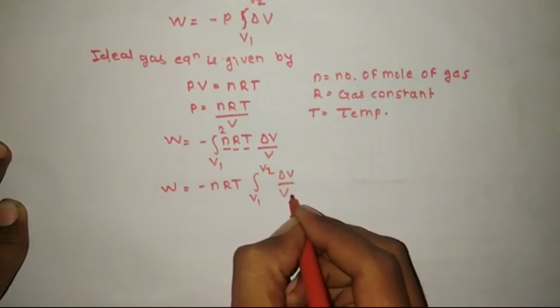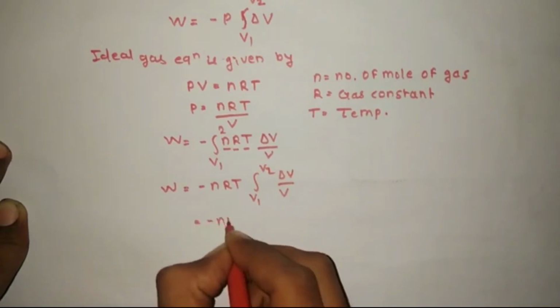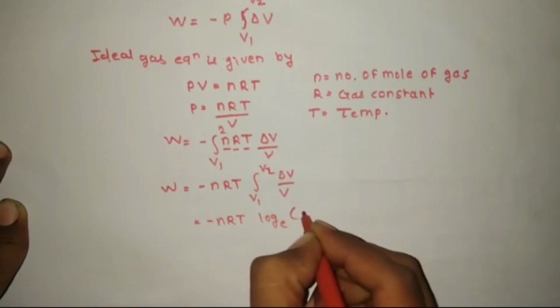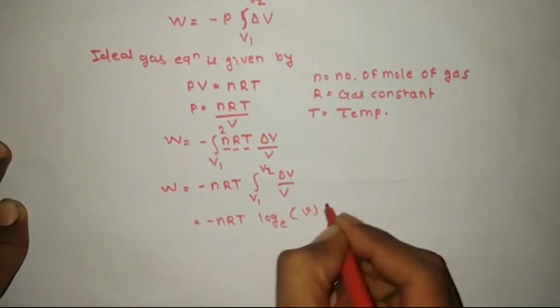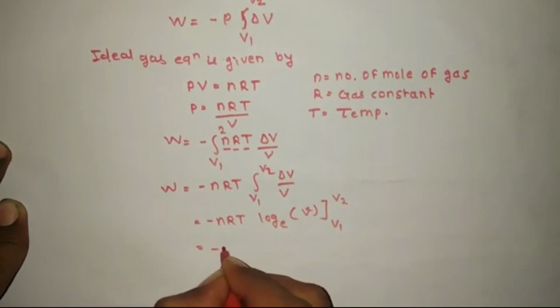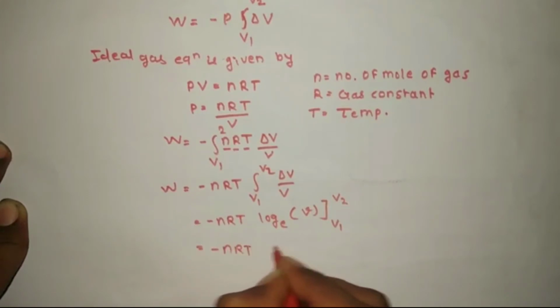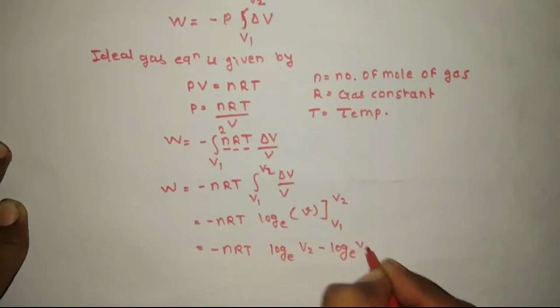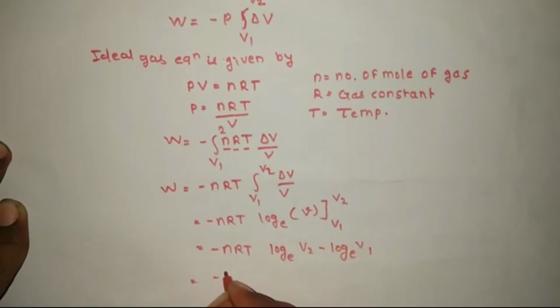Now integrating del V upon V, we get minus nRT log e of V from limit V1 to V2. Putting the limits, we get minus nRT, log e of V2 minus log e of V1, so minus nRT log e of V2 by V1.